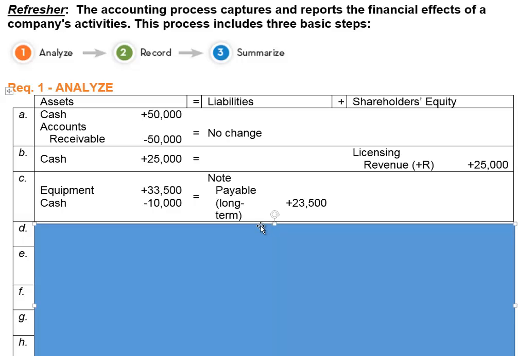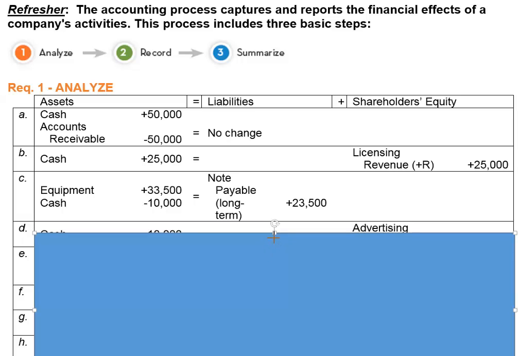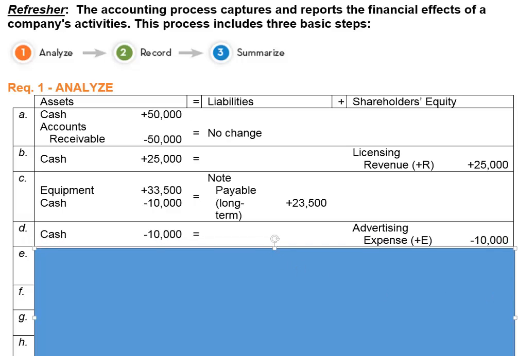Now let's look at the next transaction. We paid $10,000 for an internet advertisement that runs on Yahoo in January 2014. So now let's go have a look at that. Well, again, we paid cash, so our assets are going down, specifically cash, and we were doing advertising. Advertising is an expense.